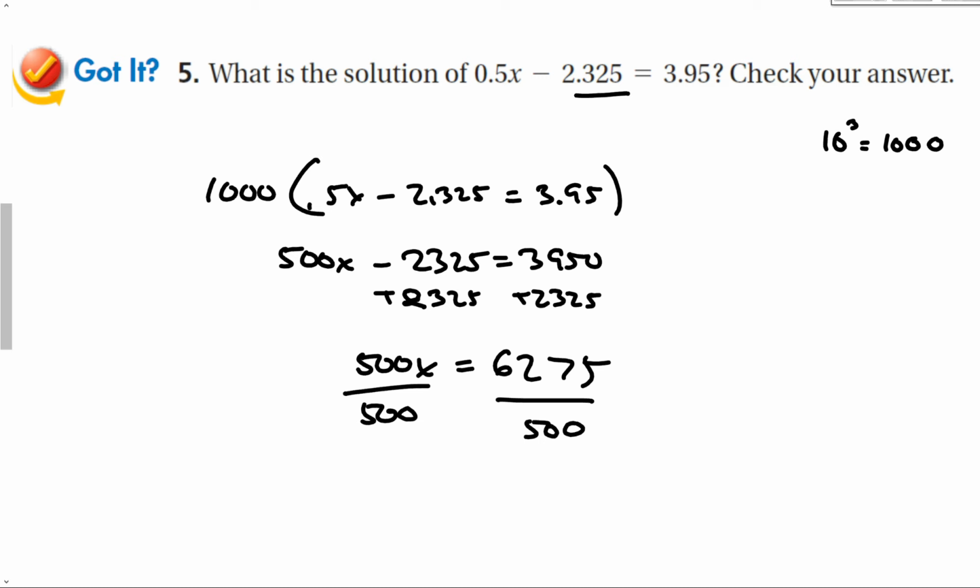And we get x is equal to 6275 over 500. We will have to reduce this, so I'll have to divide out common factors, and eventually you get this down to 251 over 20. Okay?